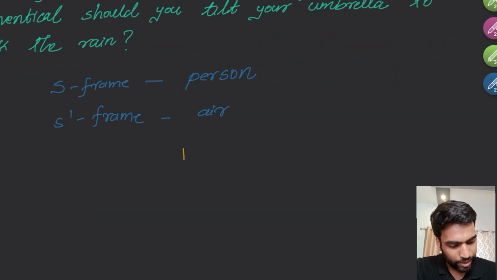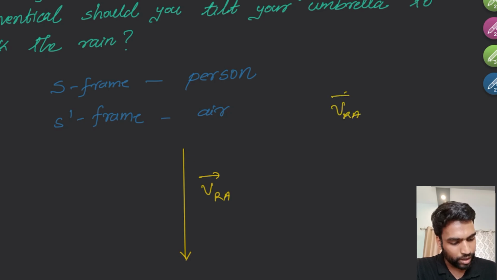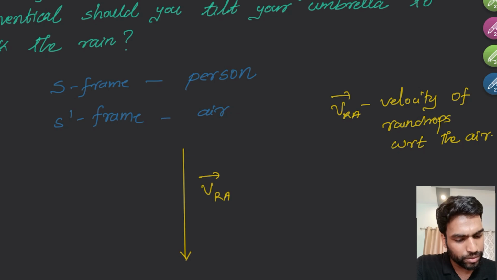See, with respect to the air, the velocity of the raindrop looks like this, so we can call it as VRA. Let me write here, VRA is nothing but velocity of raindrops with respect to the air. All good. Now the air itself is moving, in which direction?